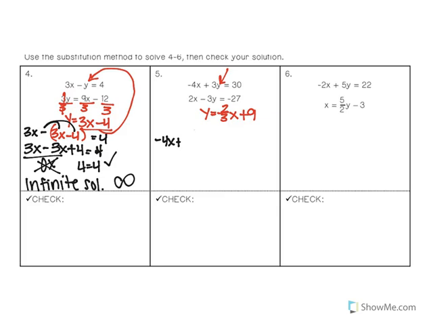So I did have to erase that work, so then I'm going to plug this in again. And I now have 3 times 2/3 x plus 9. Notice again I'm putting it in parentheses, and that's going to equal 30.